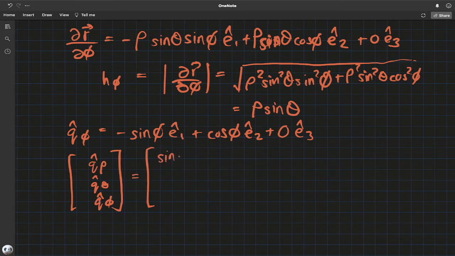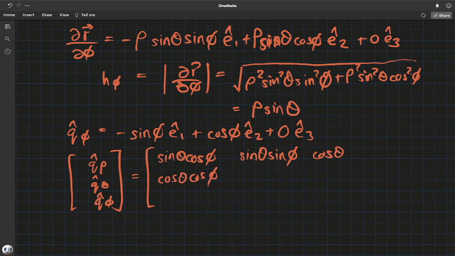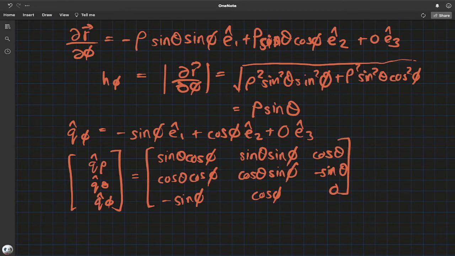So this becomes sine theta cosine phi, sine theta sine phi, cosine theta; cosine theta cosine phi, cosine theta sine phi, negative sine theta; negative sine phi, cosine phi, and 0, times e1 hat, e2 hat, e3 hat.